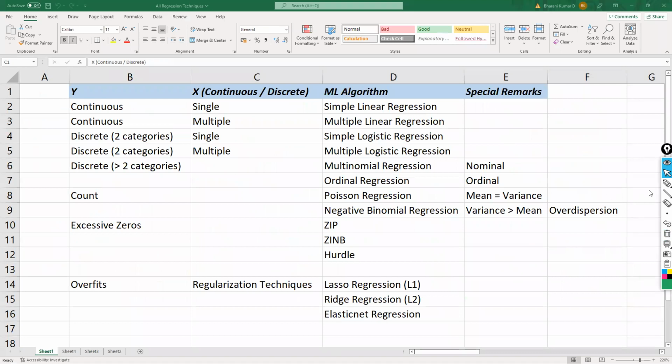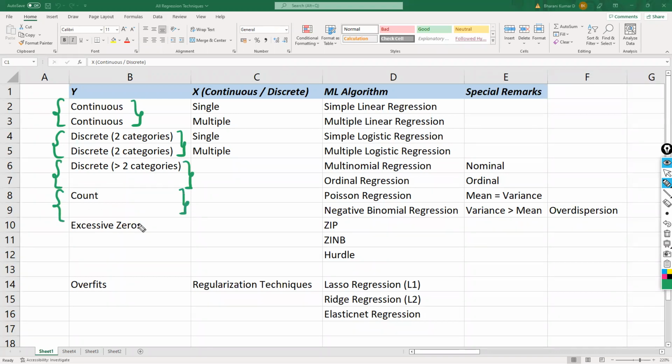So these are a few things that you need to remember. And of course, when it comes to regression techniques, there are a huge number of techniques that exist. But whatever we have just learned is more than sufficient to handle all the data sets. So you now have the power to understand what algorithms you need to use when output is continuous, when output is discrete in two categories, discrete in more than two categories.